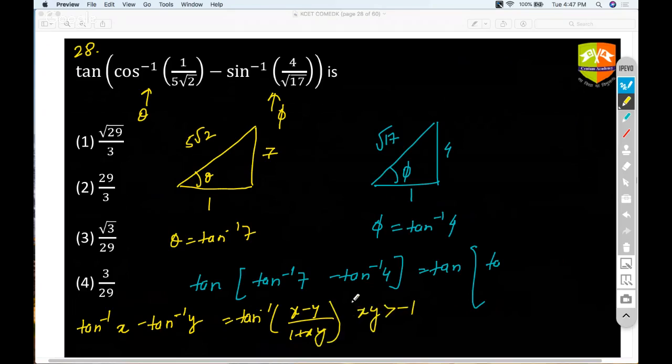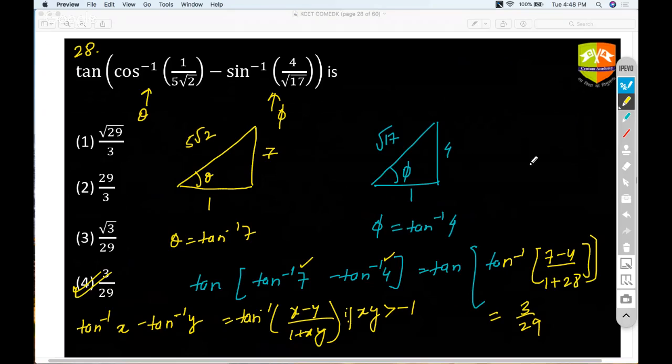Only when your xy is greater than minus 1, which happens in this case because 28 is greater than minus 1. So I can use (7 minus 4) by (1 plus 28), and that's going to give you 3 by 29. That's option number 4. That's going to be correct.